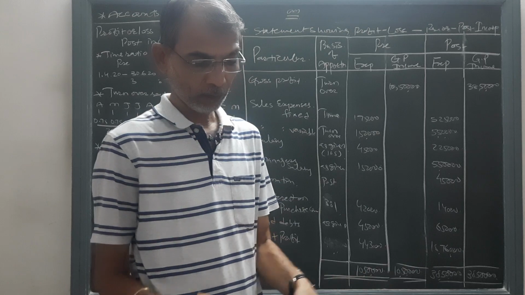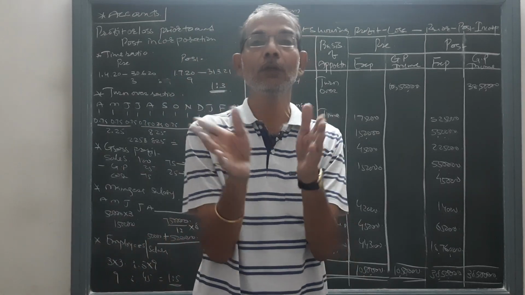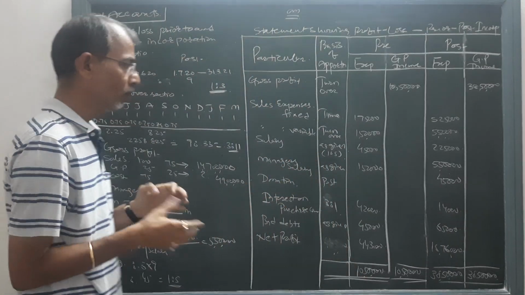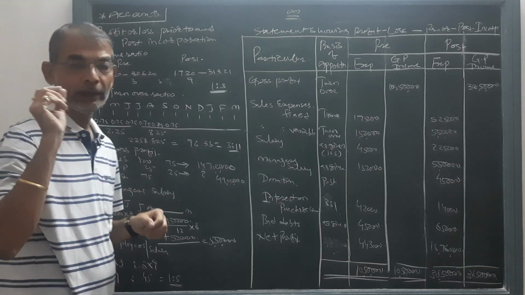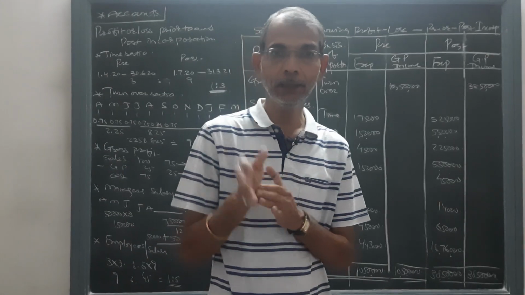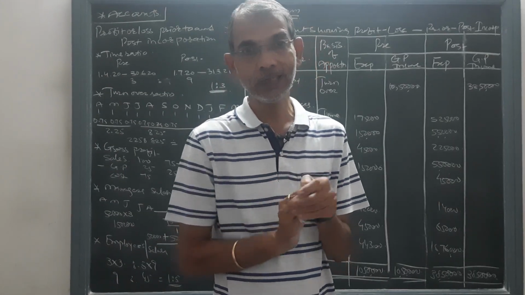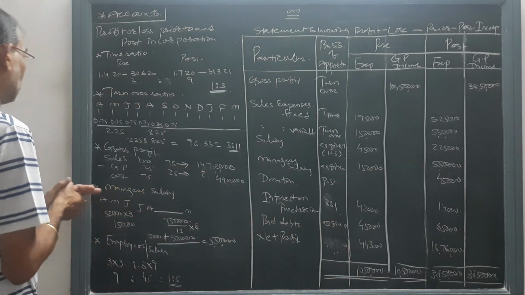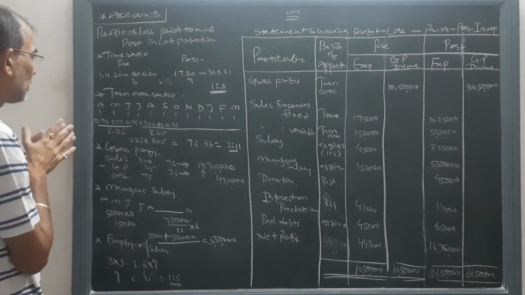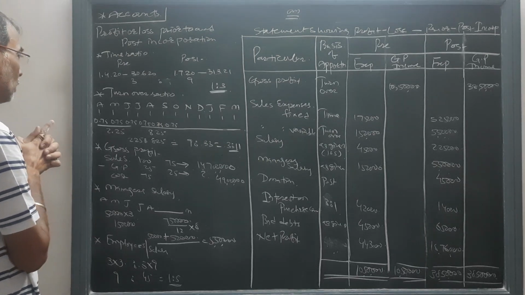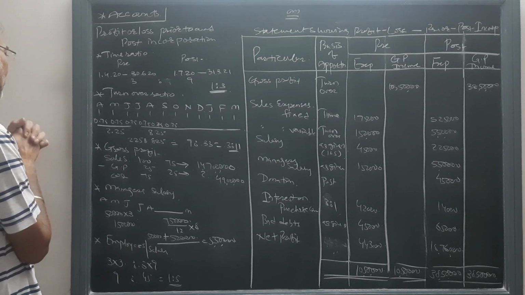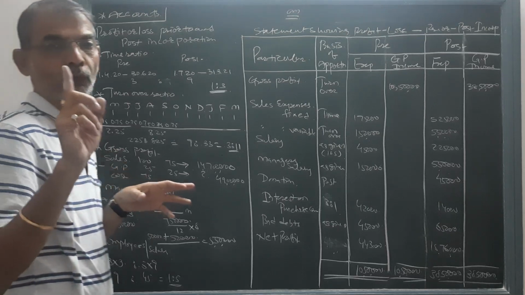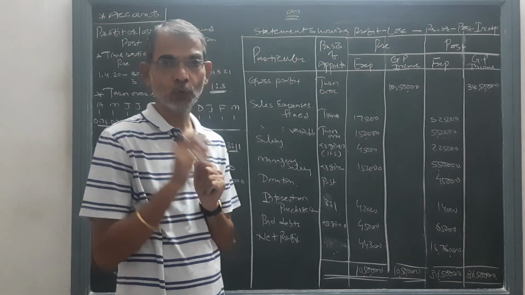So these kinds of unique sums are to be solved very carefully. Very carefully you have to find the ratios which are given typically. Now if I repeat some points, the first point I will repeat is to find the turnover ratio.